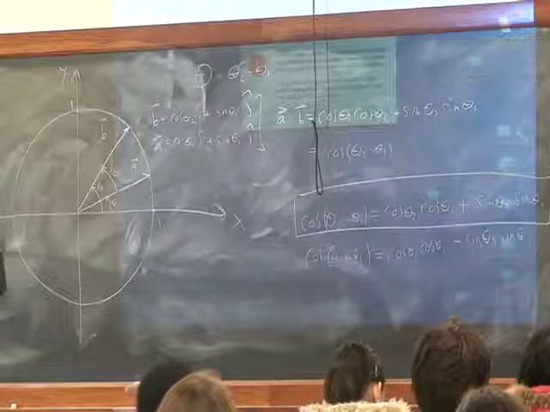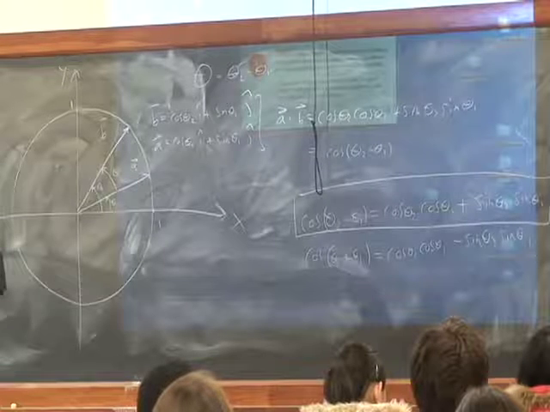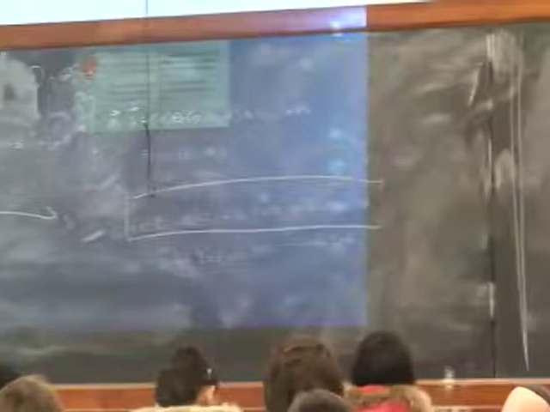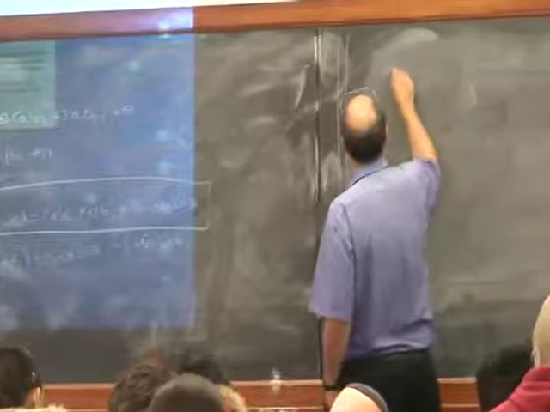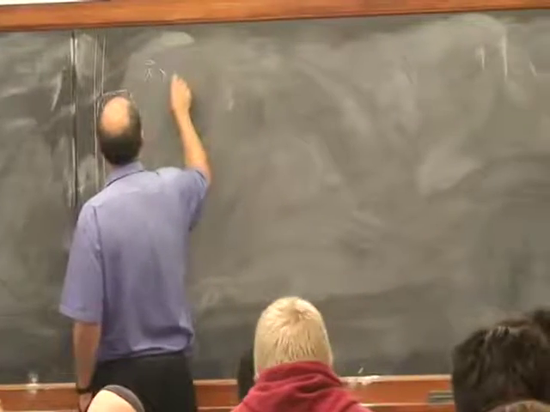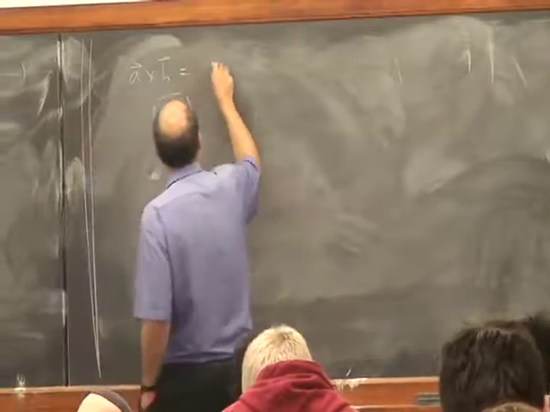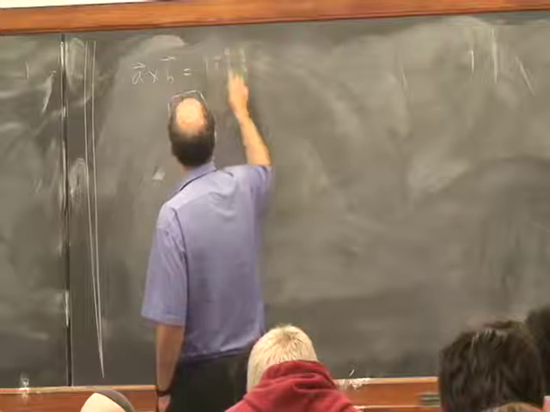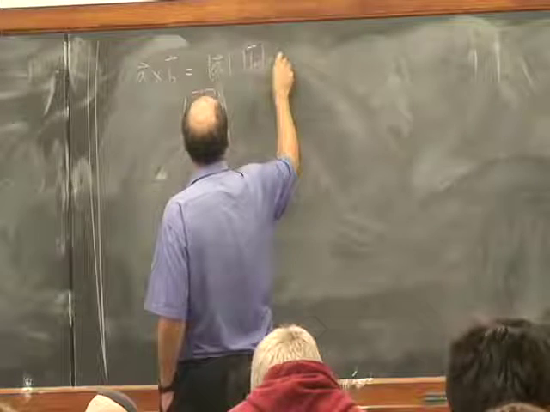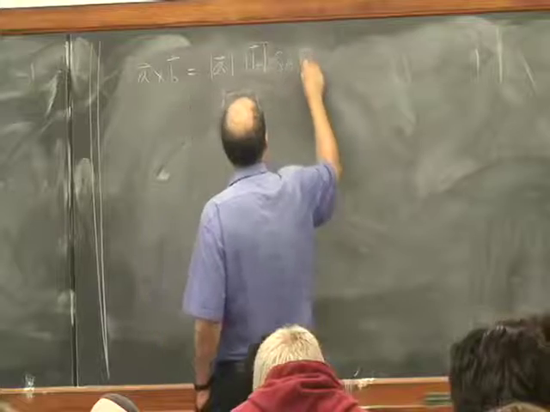Okay, I'm not going to go through it so slowly with the sines, but I'll do it with sines also. Let's take those two vectors, A and B, and look at the cross product of these two vectors. The cross product is the magnitude of A times the magnitude of B times the sine of the angle between them.